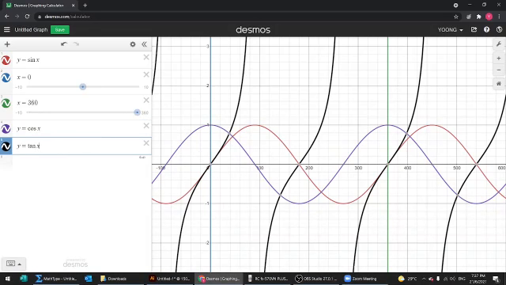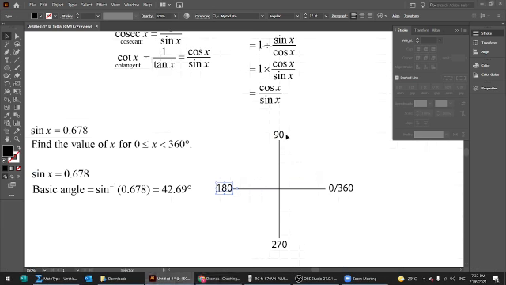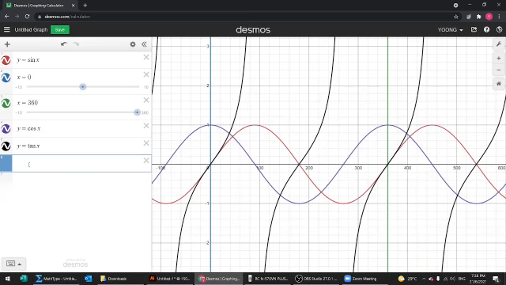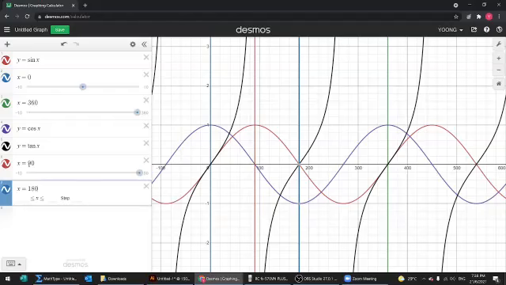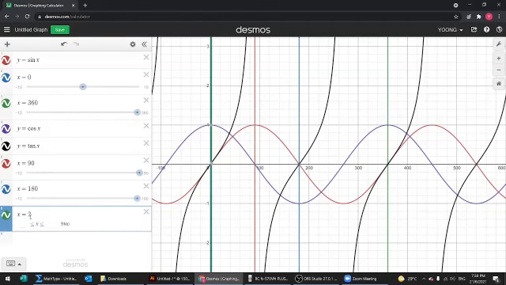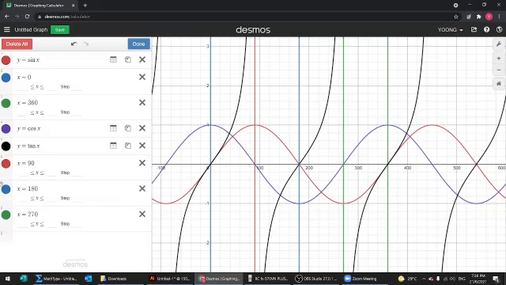I am looking at 0, 90, 180, 270 and 360. It's a bit hard to see now, so let me change all the colors to blue so it's easy for us to see.